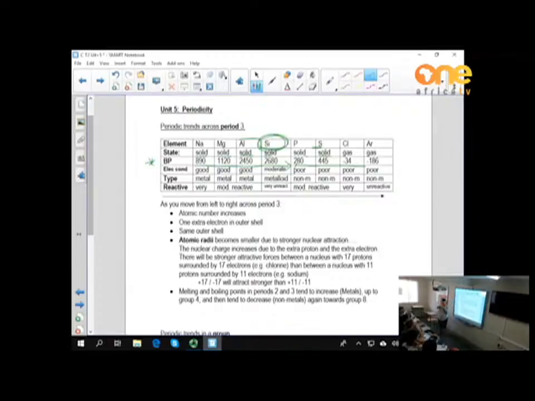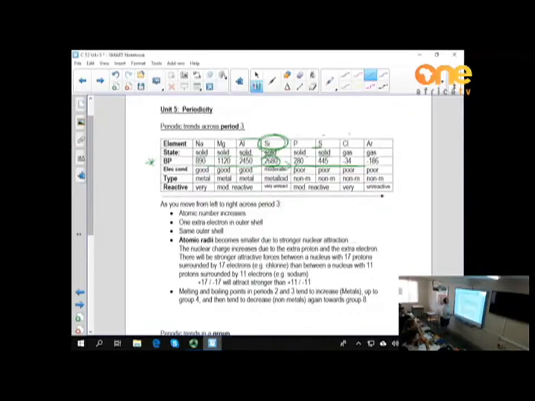Properties that overlap with metals and non-metals. So silicon, even though it's a non-metal, has a very high boiling point. Alright. And then when it switches to non-metals, phosphorus, sulfur, chlorine, we find that there is a decrease in the boiling point. And that's because it's a gas at room temperature, no? Chlorine is also a gas at room temperature.